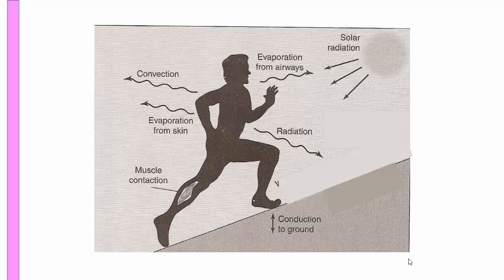Now let's put all four of those heat loss processes together. If we are running in the sun, and so we're having muscle contraction, which means we are producing a lot of heat, we can lose some heat through radiation. So infrared rays, just because my body is producing more heat, the temperature gradient is going to allow us to lose heat, not through physical contact, just to the air if the atmosphere is a lower temperature than my body.